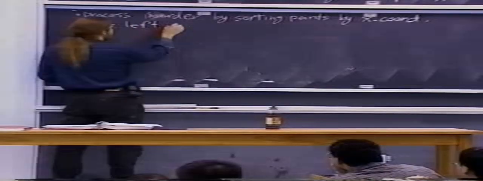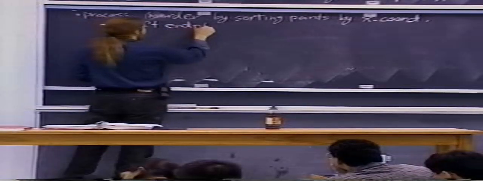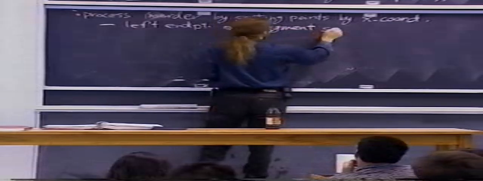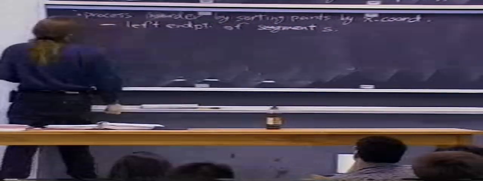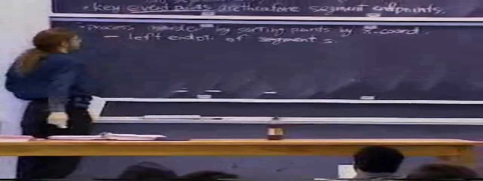And for each one, it's either a left endpoint of a segment, or it's a right endpoint. In either case, all I need to do is maintain my set S and then detect intersections.